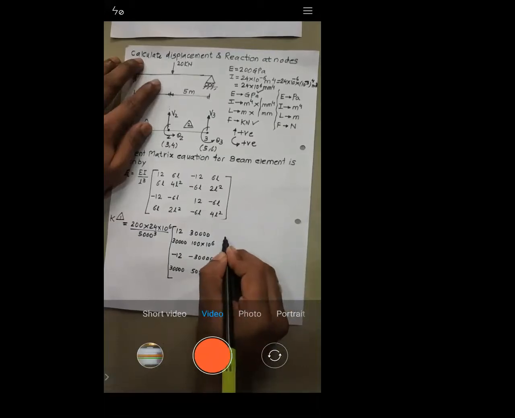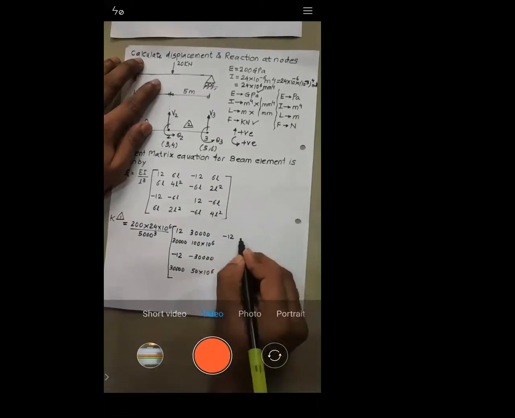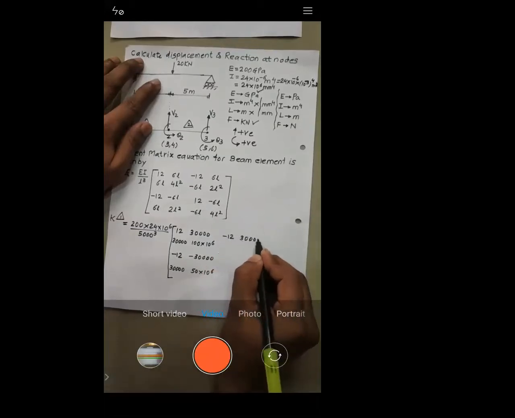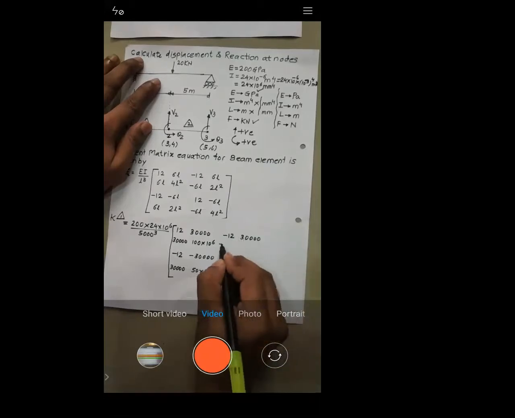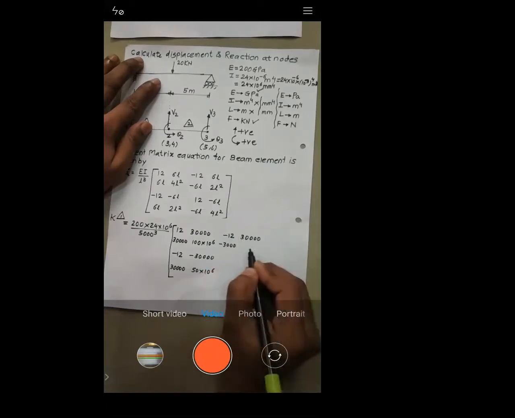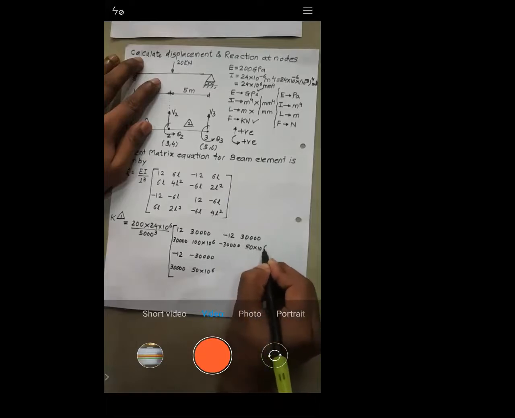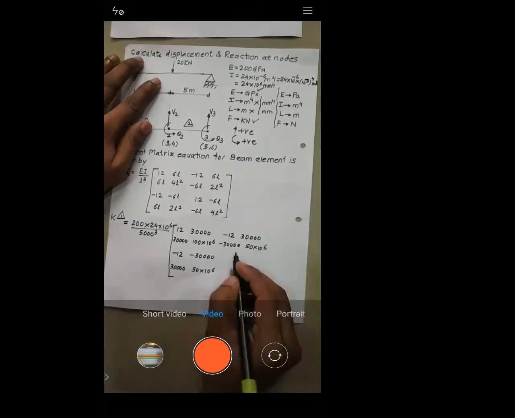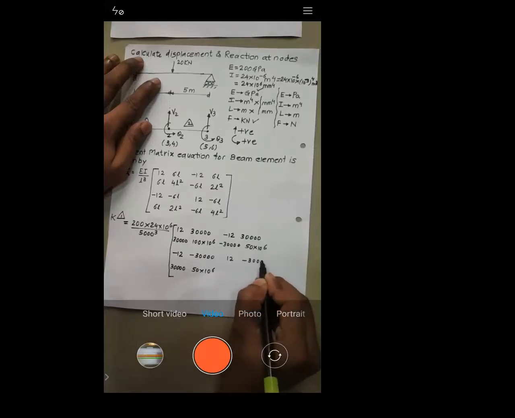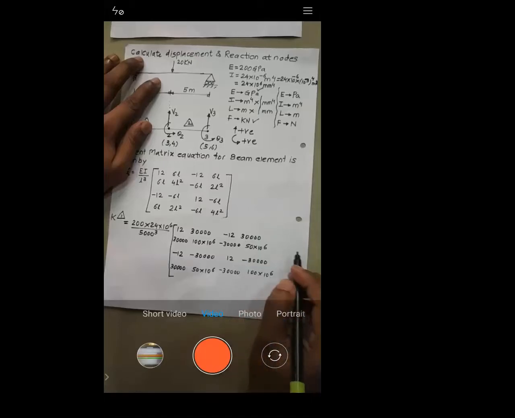Now we'll do it here. Minus 12. 6 into L is 30,000. This is here minus 30,000. And here it is 50 into 10 to the power 6. Then here is 12, minus 30,000, minus 30,000. 4 into L square is 100 into 10 to the power 6.